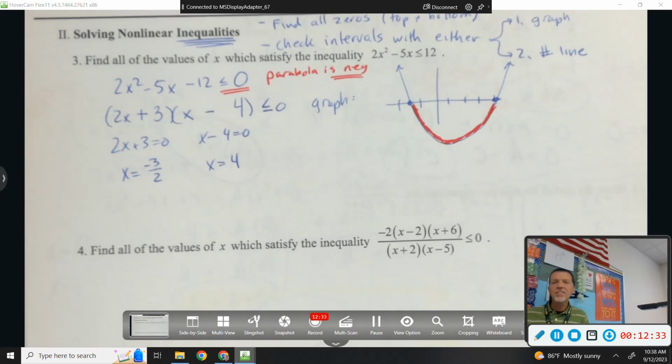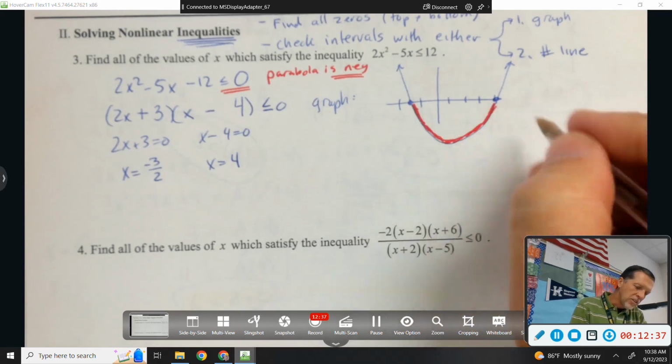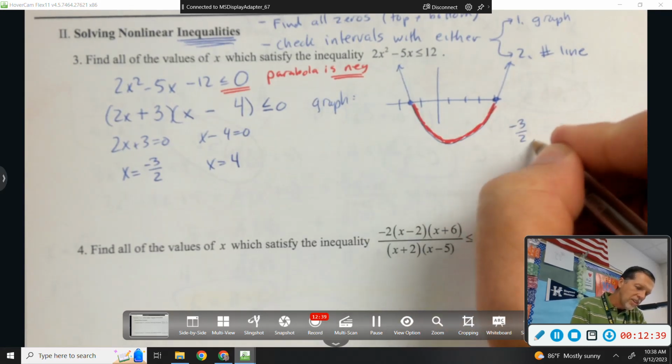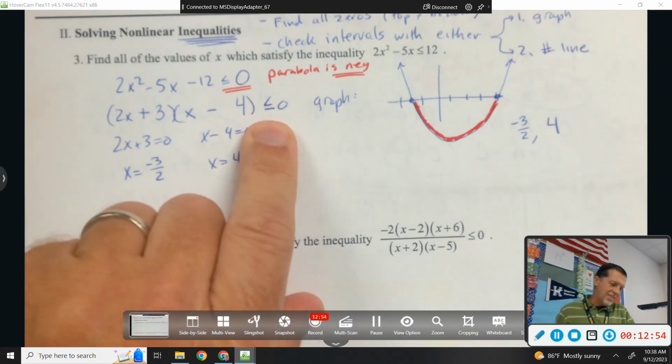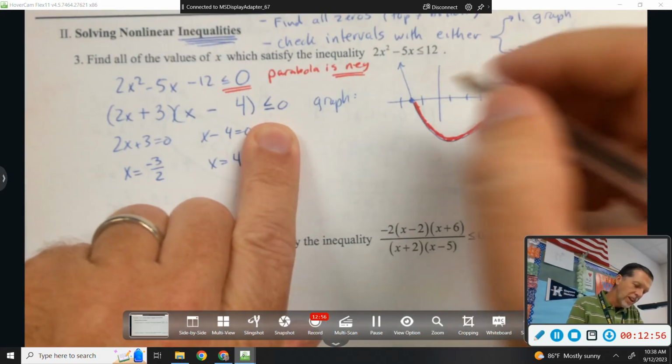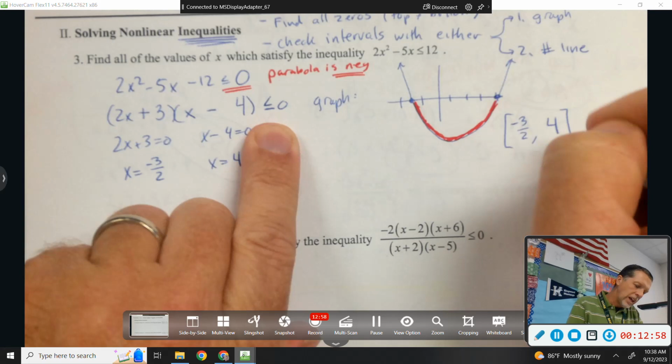Where is it less than 0? My interval would be negative 3/2, 4. Do I want to include negative 3/2 and 4 or not? Why include? It has that line under there, the equal to sign. So I want to include negative 3/2 and 4.